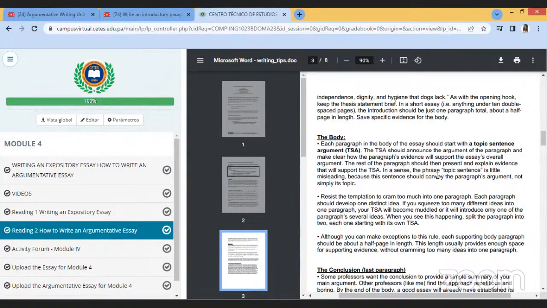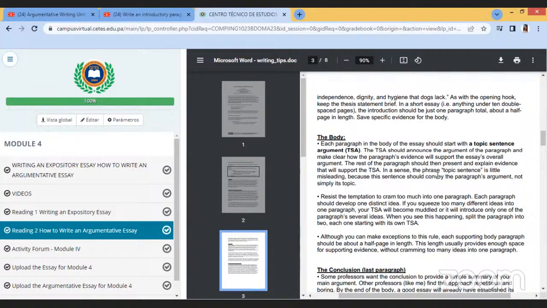When you see this happening, split the paragraph into two, each one starting with its own TSA. Although you can make exceptions to this rule, each supporting body paragraph should be about a half page in length. This length usually provides enough space for supporting evidence without cramming too many ideas into one paragraph. This is from the reading, right?